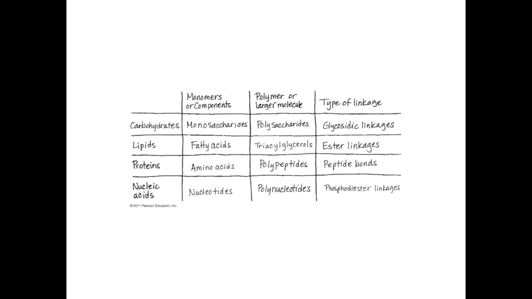And the bonds between those, I don't think I emphasized this, but those are phosphodiester linkages. So for the ones that polymerize, carbohydrates, proteins, and nucleic acids, you definitely want to know these first 2 columns. And I did mention a couple of these types of linkages. So we'll say that they're not as important as what's in the first 3 columns here. We'll include this column here.